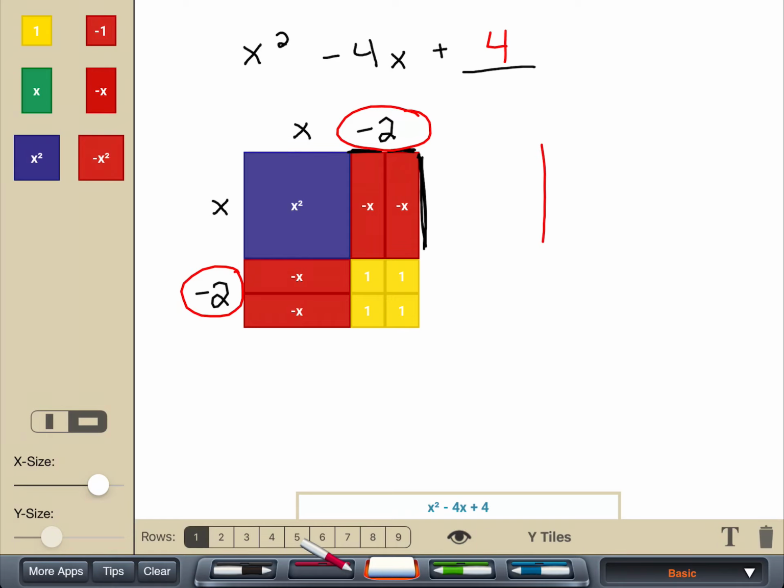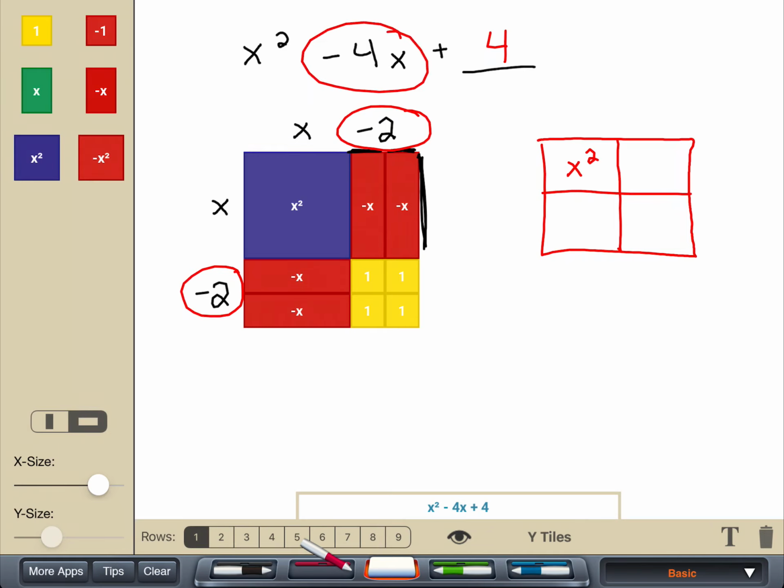The other way you can do that, if you don't have algebra tiles handy, you can use our box method, and you can say that this is an x squared. Because we had the negative 4x, you're going to put 2 of them here and 2 of them here, right? And then you can take out an x, take out an x.